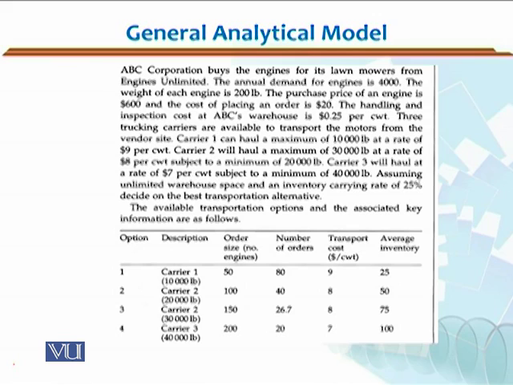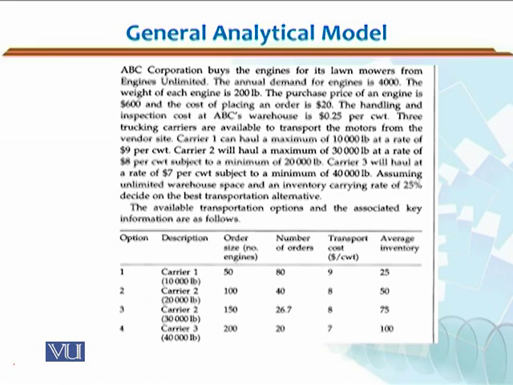The handling and inspection cost at ABC's warehouse is 25 cents per CWT. Hundred weight, this is a commonly used unit in warehousing and transportation. 3 trucking carriers are available to transport the motors from the vendor site. So there are 3 available options with you.